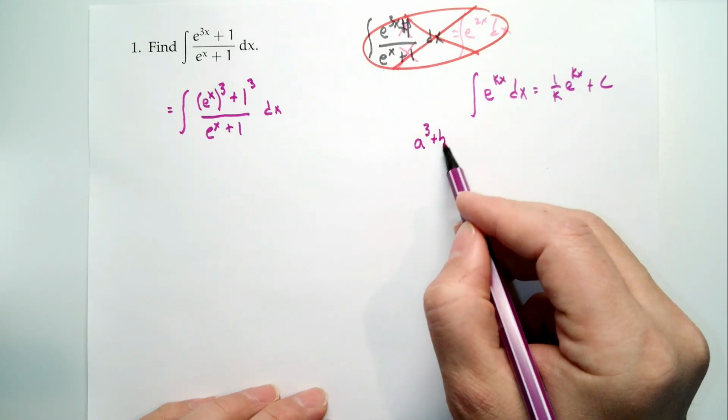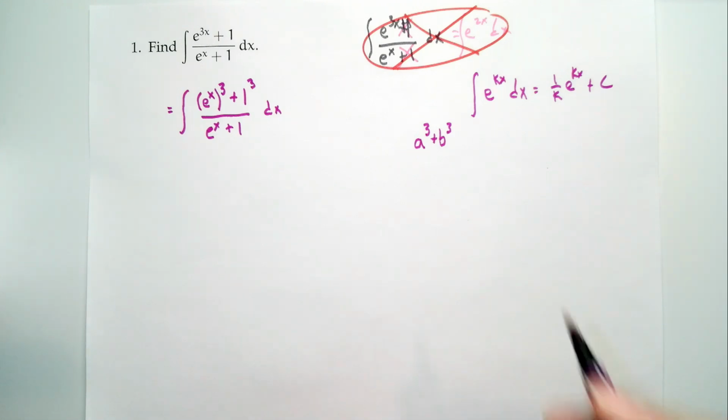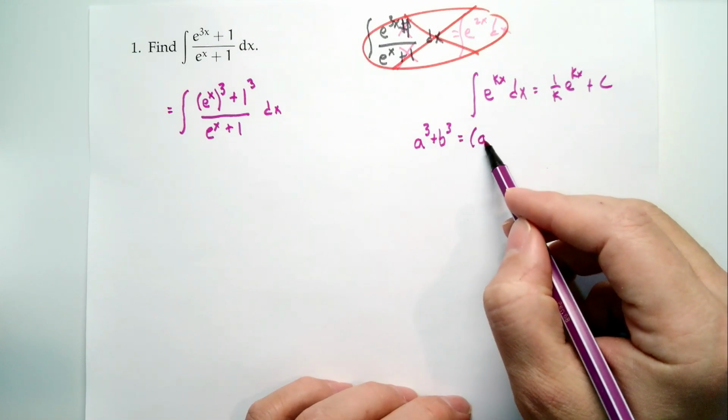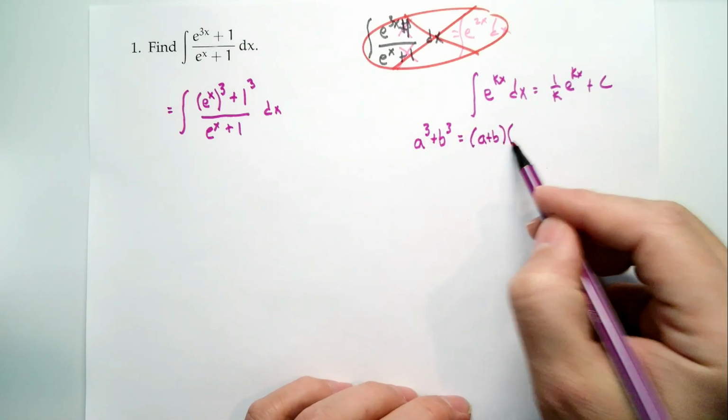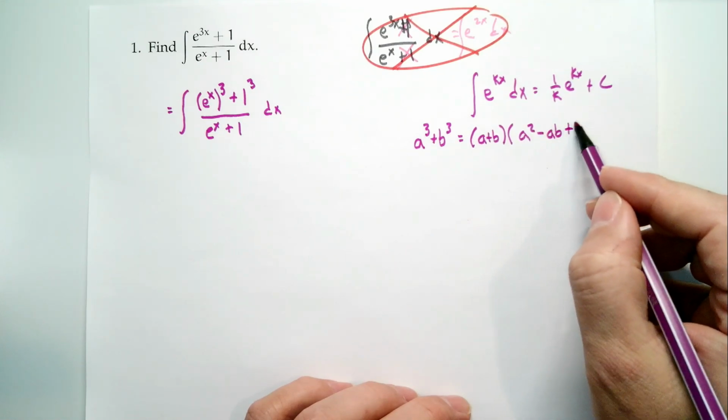So this is going to be our algebra side note. A lot of our integration problems are going to boil down to saying, can you rewrite your integral using tools of algebra to get it to something that's easier to work with? So a cubed plus b cubed, in general, is (a + b) times (a squared minus ab plus b squared).